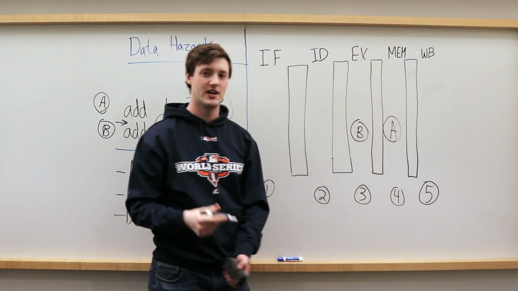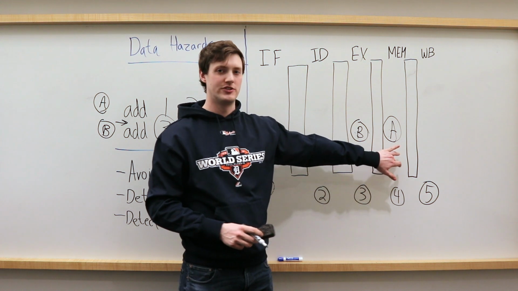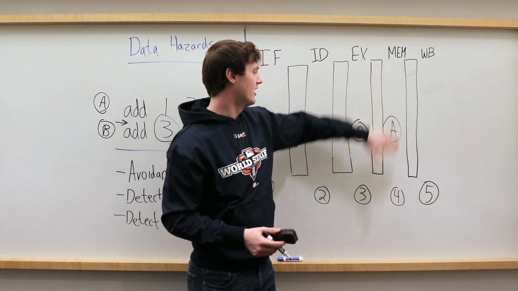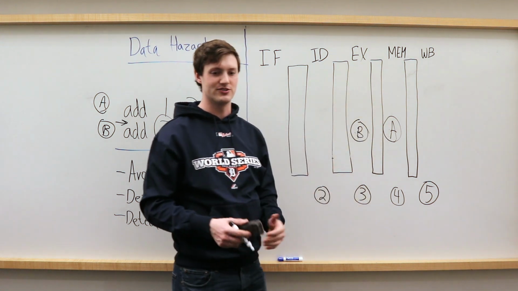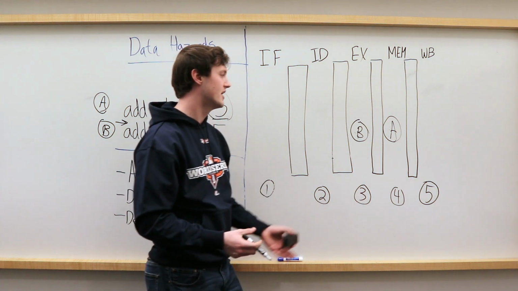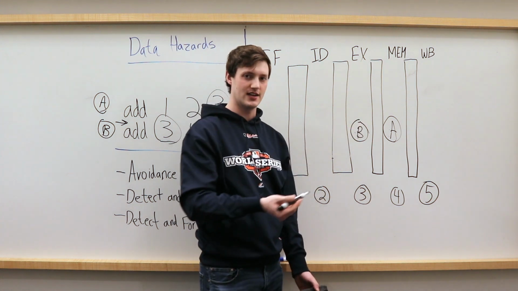And so now what detect and forward takes advantage of is the fact that we have the value of register 3 already calculated. And now that is somewhere stored in these internal register files, which you can think of almost as temporary buffers, temporary variables. And since we have that value ready, what we can do is just send it back to the EX phase.